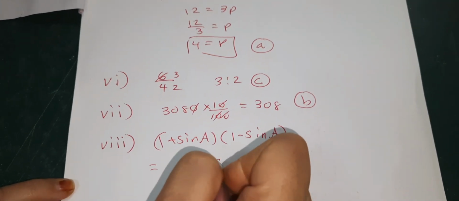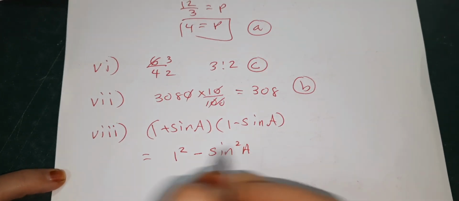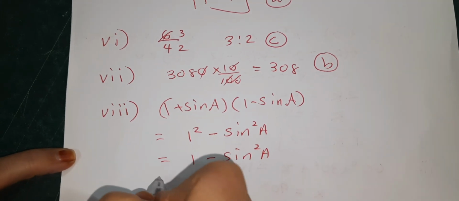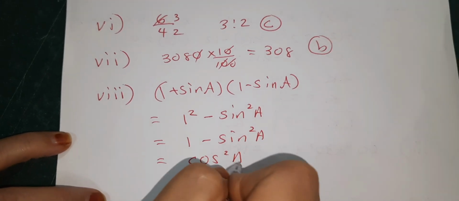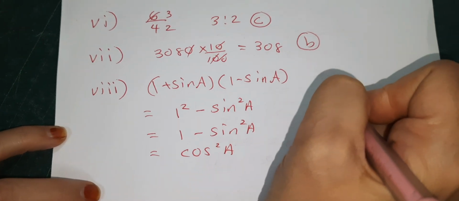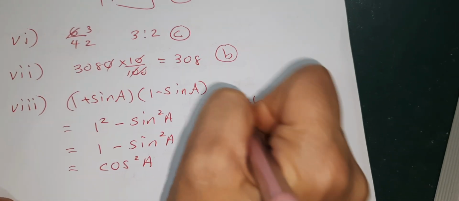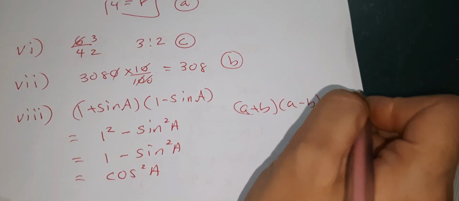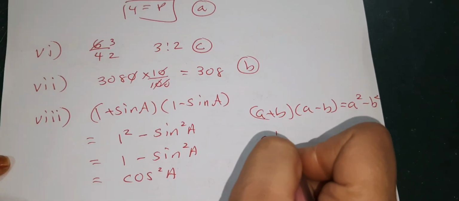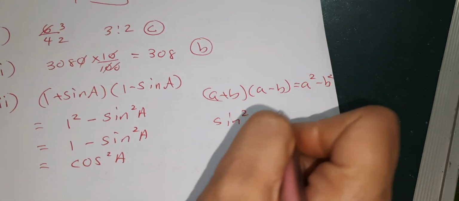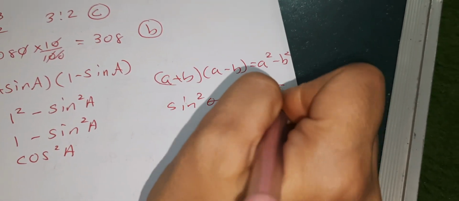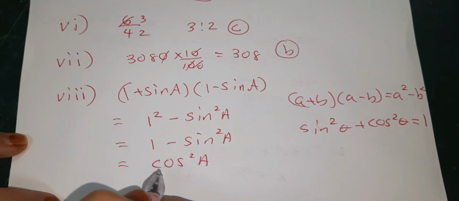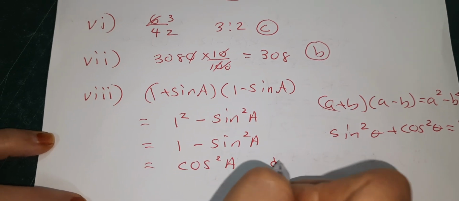So 1 squared minus sine squared A, that's simply 1 minus sine squared A, which is equal to cosine squared A. Remember your formulas here, (A plus B) into (A minus B) is equal to A squared minus B squared, and sine squared theta plus cosine squared theta is equal to 1. Hence, that's why you can say that this is cosine squared. And that would be option D.